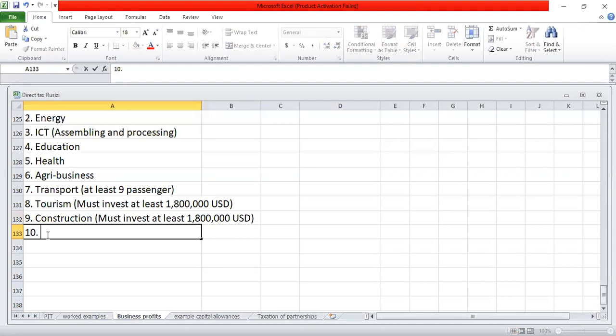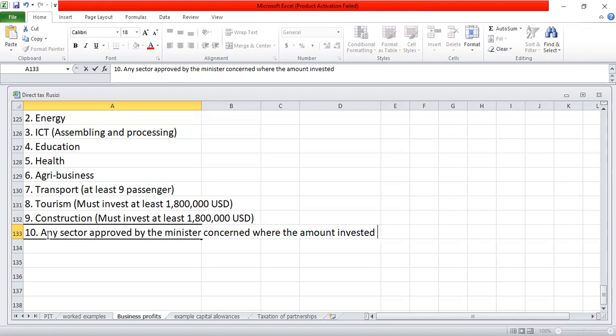Others, I can make any sector approved by the minister concerned where the amount invested is at least 100,000 USD.